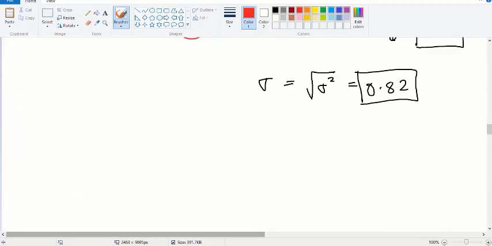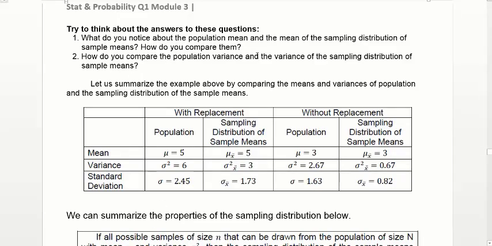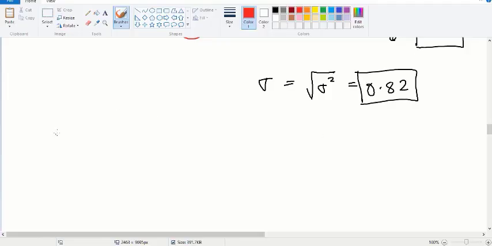And then, aside from that, okay, how do you compare the population variance and the variance of the sampling distribution of the sample means? Actually, meron siyang summary dito, no? Okay, so the difference actually between the variance, there you go, no? The variance of the population at saka yung sampling distribution, variance ha, ang pinag-uusapan, is, okay, wait lang ha, is actually, it is the standard deviation, no?